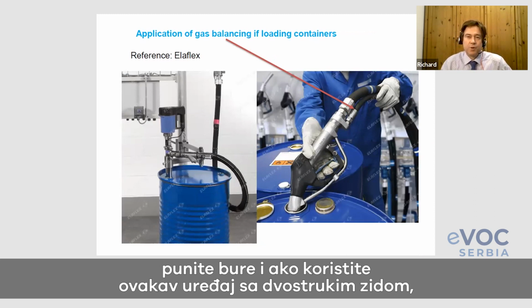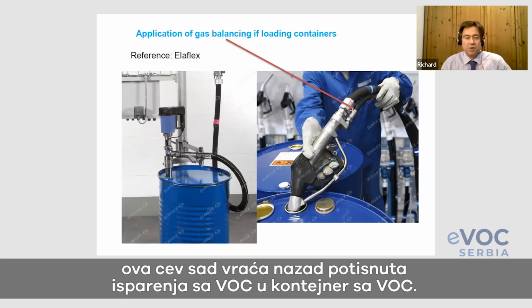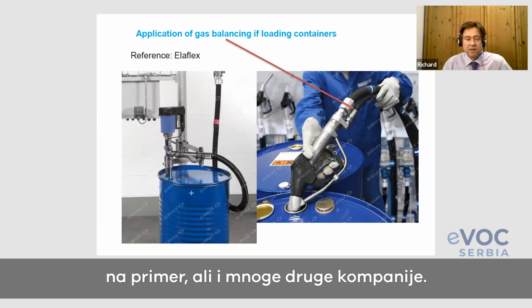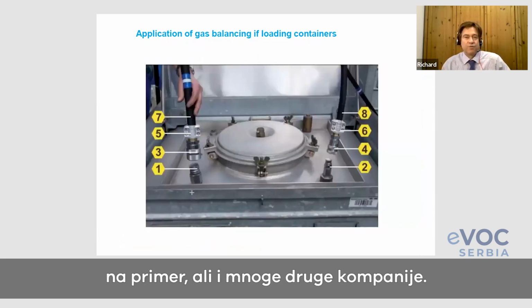And if you apply such a double wall loading device, that tube feeds the displaced VOC containing gases back to, for example, the solvent container. On the picture, the company Elaflex in Hamburg is offering such systems, but there are a lot of others who are offering them.